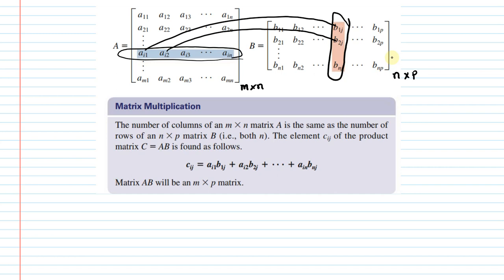Ultimately, you multiply ain by bnj. So that's how they multiply together.